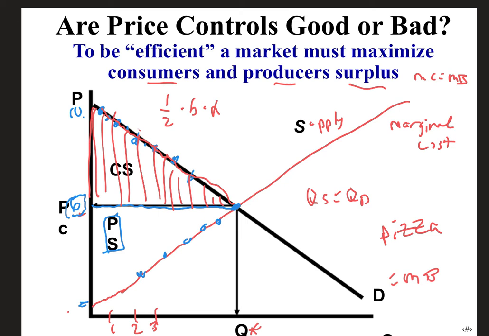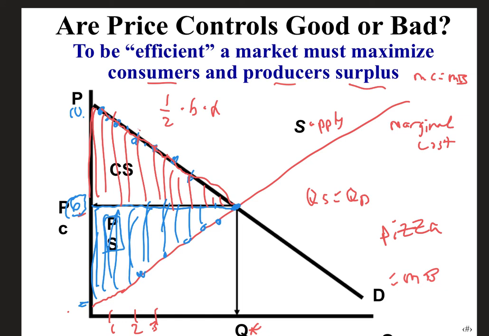So like consumer surplus, we can actually measure producer surplus, and look at the difference, for all the producers that are producing pizza, between the price that producers receive and the amount that producers would be willing to accept.